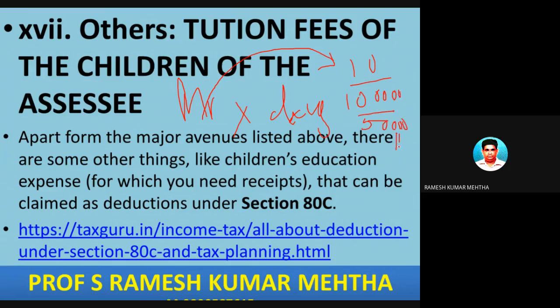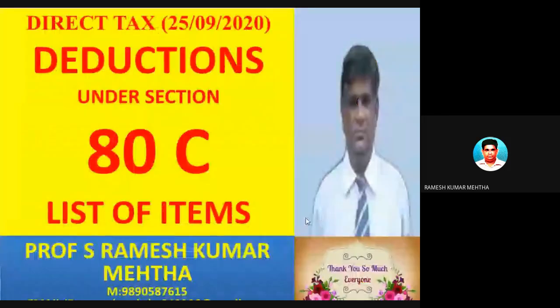So this tuition fees of 50,000 rupees can be claimed as deduction under section 80C. So these are some of the investments which an assessee can make to claim deduction under section 80C of the Income Tax Act 1961. Hope you have understood each and every element of investment avenues under section 80C.